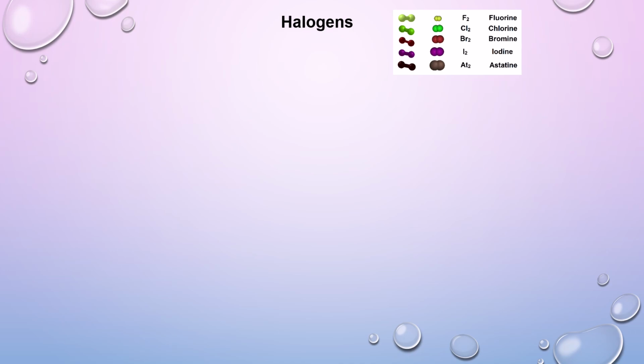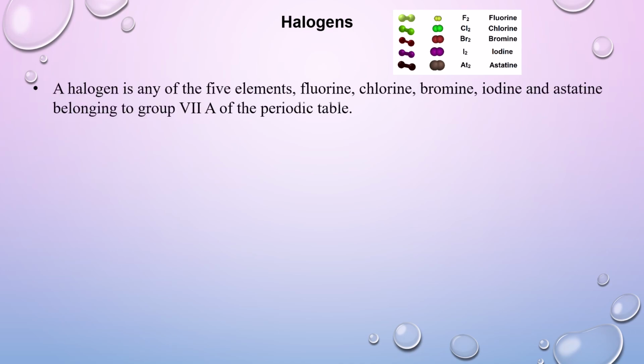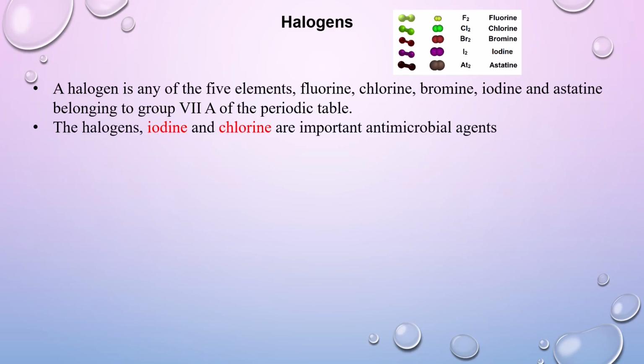A halogen is any of the 5 elements chlorine, fluorine, bromine, iodine and astatine belonging to group 7A of the periodic table. The halogens iodine and chlorine are important antimicrobial agents. They can be used alone or combined with some other elements.